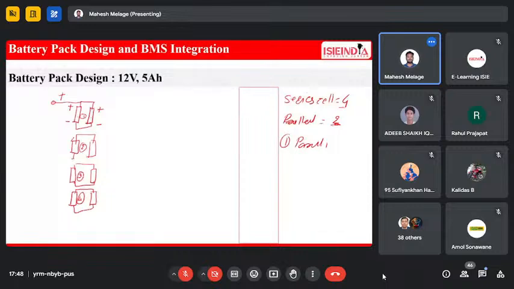Okay, clear about that? This is positive, negative, positive, negative. Next, the negative connects in series connection to the next positive, and these are the terminals.